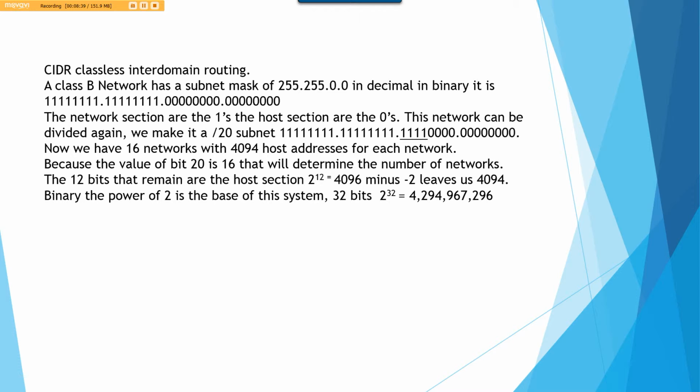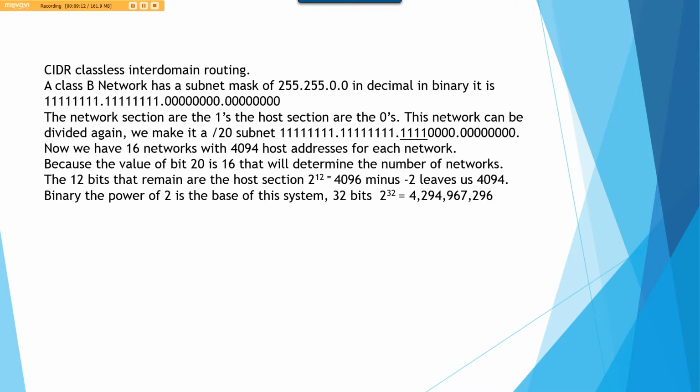Now binary is based on the power of 2, and our binary numbers are 32 bits long. So when we take a 32-bit binary number and determine how many addresses we can get from a 32-bit IP address, we come up with over 4,294,000,000 addresses that we can create from the 32-bit IP address scheme that we use.